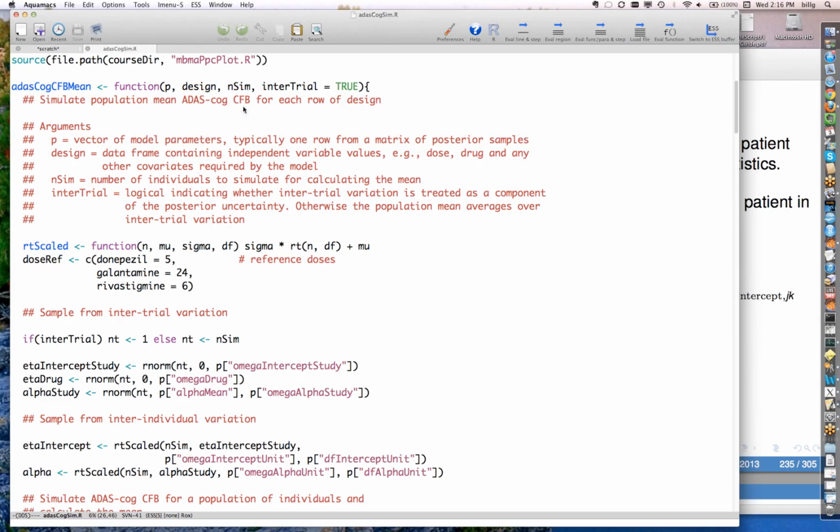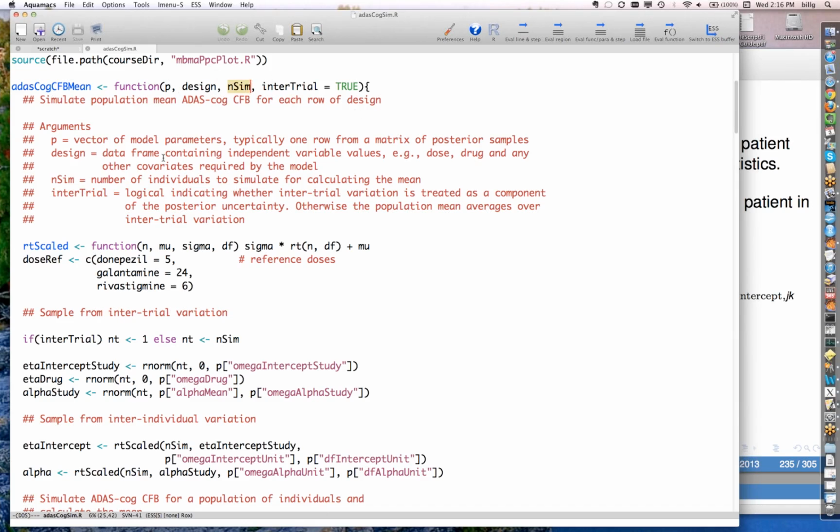And actually, I'll take that back. There's one more. I have the drug alphabetical in there, though I don't think I actually make use of that in here. I also convert it to an integer, 1, 2, or 3, depending on whether it's donepezil, galantamine, or rivastigmine, and that gets passed in as part of that, and then dose and time.